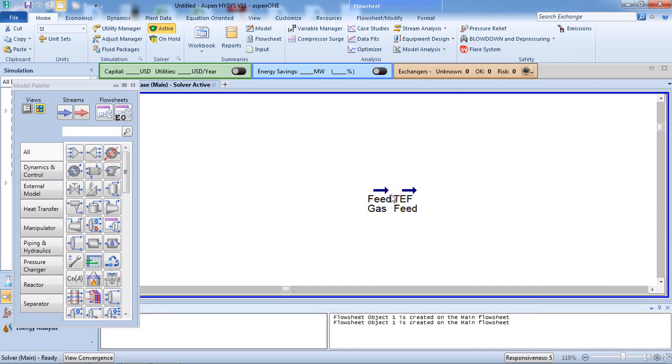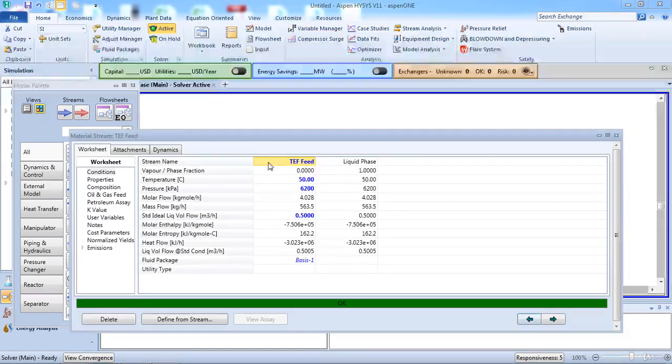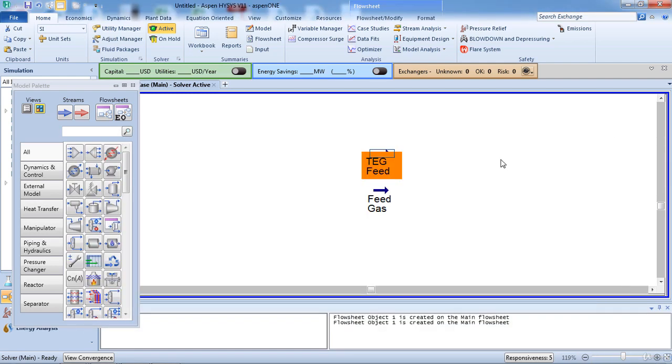However, I have to change this name to triethylene glycol feed. Yeah, here you go. The feed gas we have does not have water. It's free of water because it's analyzed after removing water. However, we want to simulate the water saturated gas. To add water to it, we have to create a water stream.